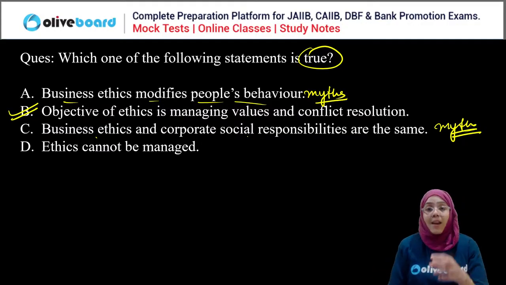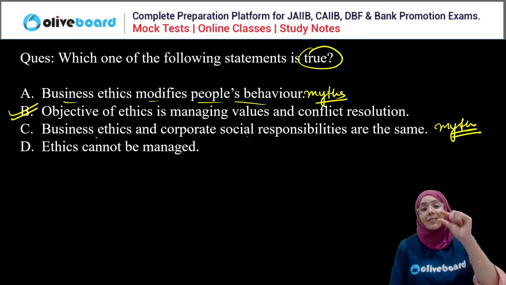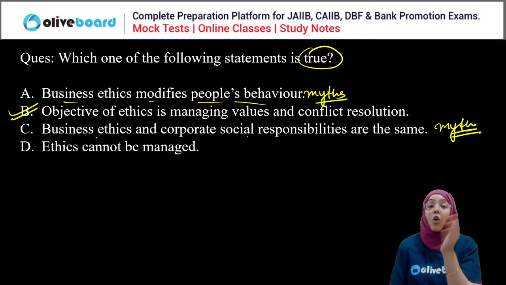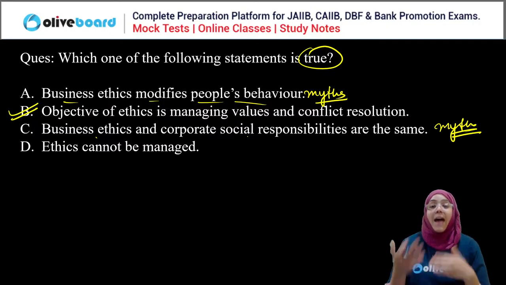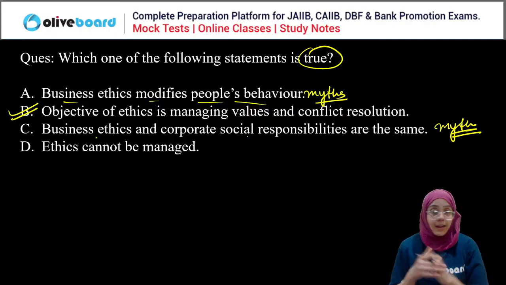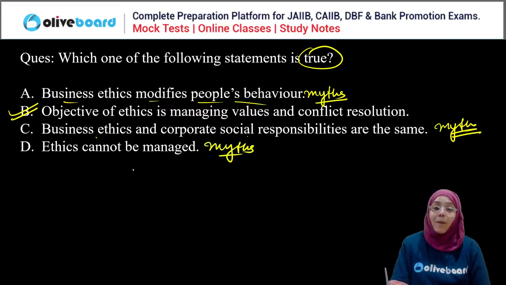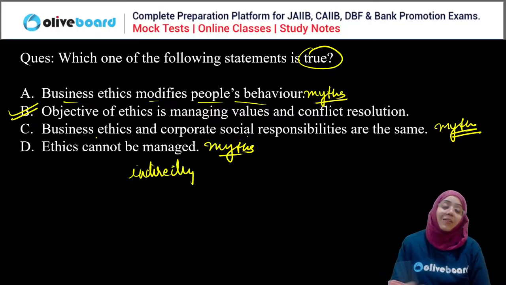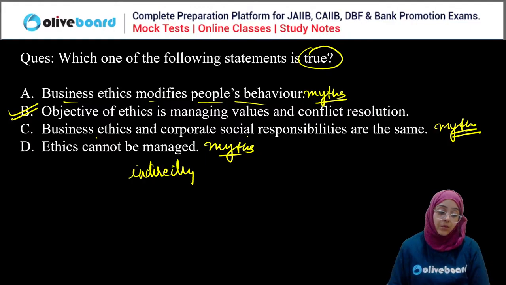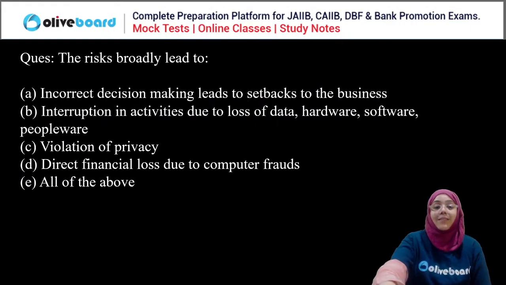Because corporate social responsibility is one small aspect of business ethics. Business ethics has much more in it, not just corporate social responsibility. Now, ethics cannot be managed? That is clearly a myth. Ethics can be managed. You have to manage ethics indirectly in the organization. So, obviously, B is the correct answer here. Right, everyone? Good.